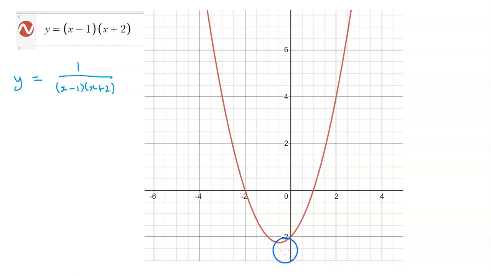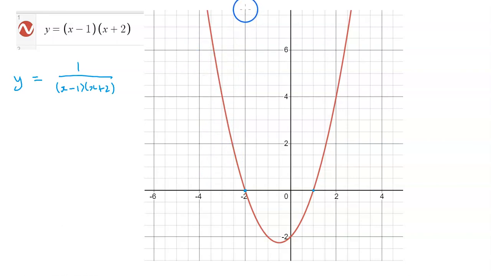And I think the first thing we can observe is that when this function on the bottom, this (x minus 1) times (x plus 2), equals 0, the whole thing is undefined. And in fact, as we get closer and closer to the points where it equals 0, here and here, the entire function is going to get bigger and bigger in terms of absolute value.